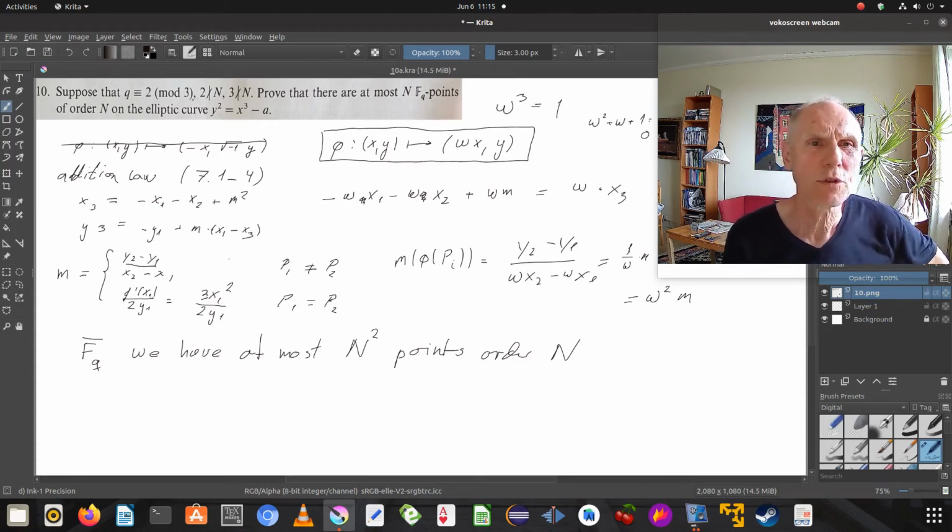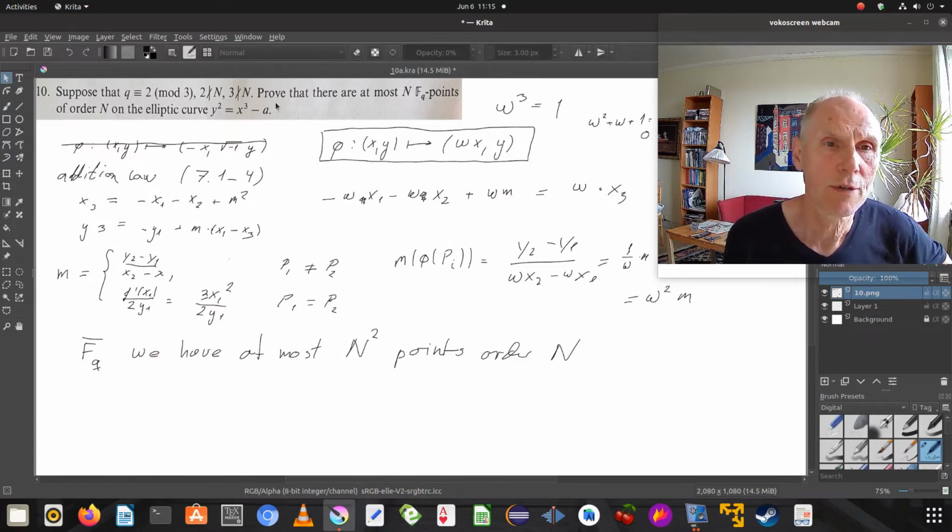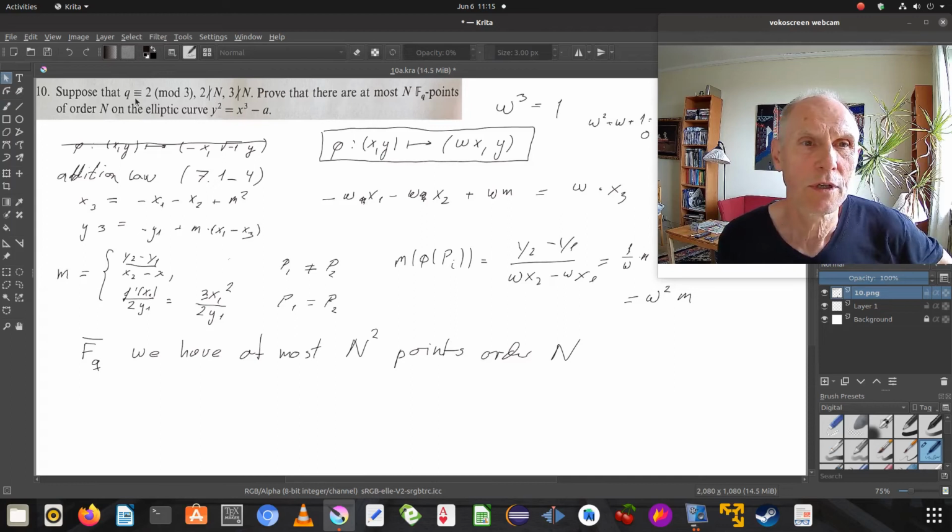But we need, of course, this guy to be an elliptic curve. And what's the condition for it to be an elliptic curve? Was it sufficient that q equals 2 modulo 3? Actually, this should be the prime. q is a prime power, so this should be the prime.